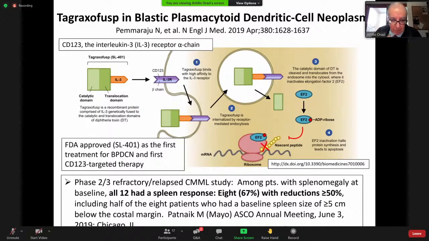There are only preliminary data in clinical study, but as you can see, the one from the Mayo, for example, was presented at ASCO in 2019, shows spleen reduction in those CMML patients of more than 50%. So they're small series, but it seems like there is some promise in CMML patients with this treatment, which we don't really have a targeted therapy for now for CMML. So this is something to keep in mind.